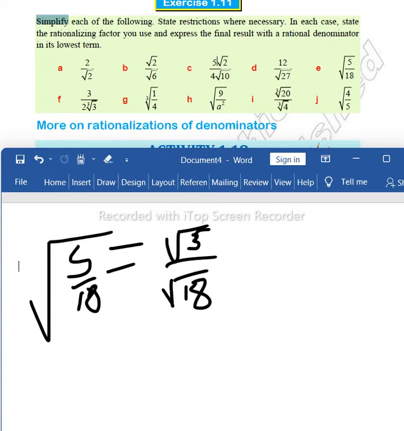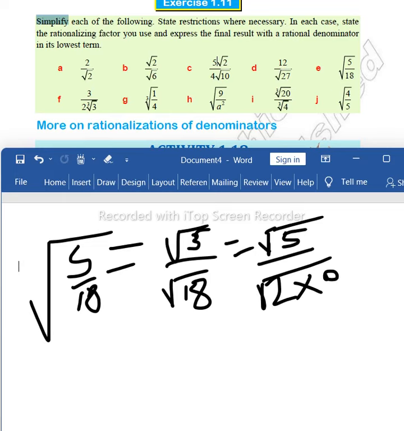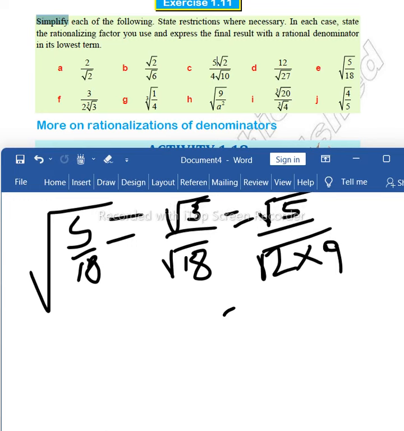As we know, 18 means 2 times 9, the square root of 2 times 9. So we can rewrite this equation again, the square root of 5 over the square root of 2 times the square root of 9.